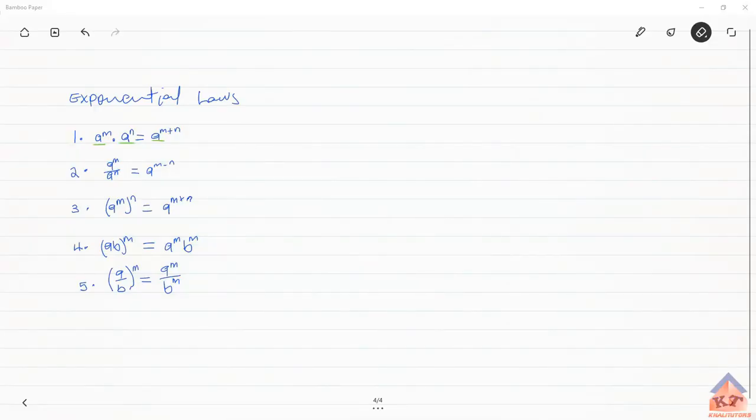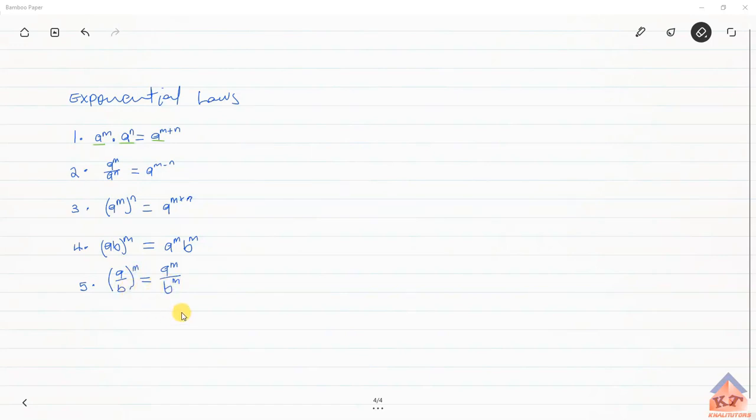Let us look at the last exponential law. This law says that if you've got a number a divided by b enclosed in brackets raised to the power m, to get rid of the brackets, you'll simply multiply the exponent of a with the exponent m and the exponent of b with the exponent m.